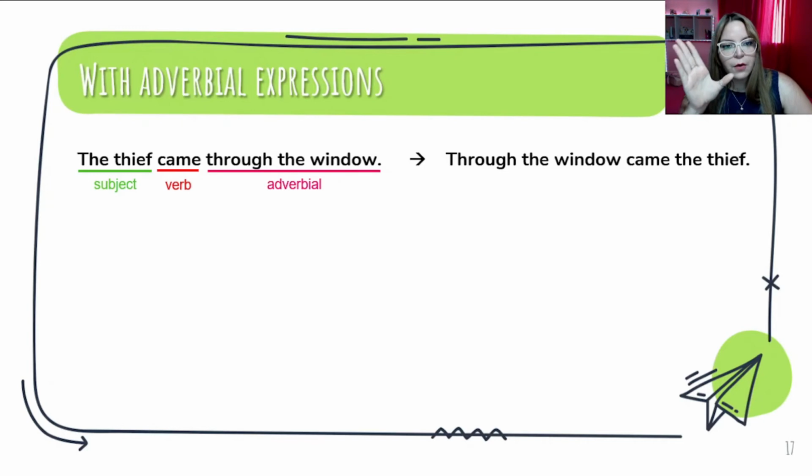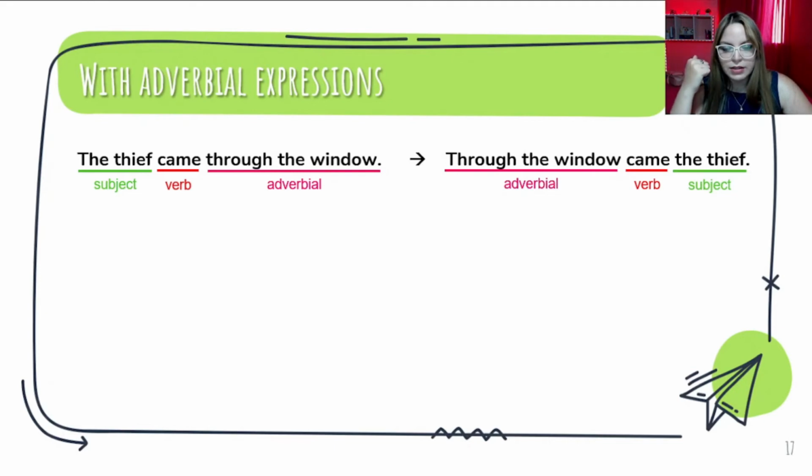So, through the window came the thief. Instead of using an auxiliary verb at the very beginning, if we use an adverbial expression, it will be grammatically correct. Through the window came the thief. Here we have the adverbial, here we have our verb, and at last we have our subject.